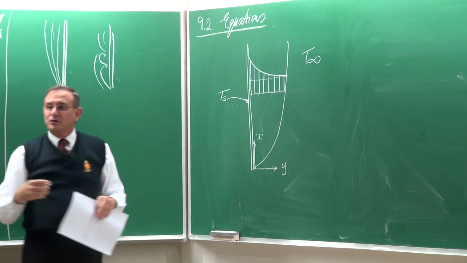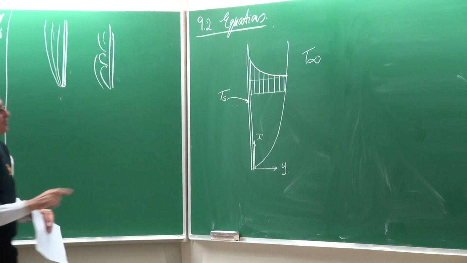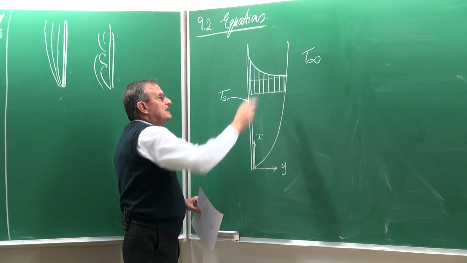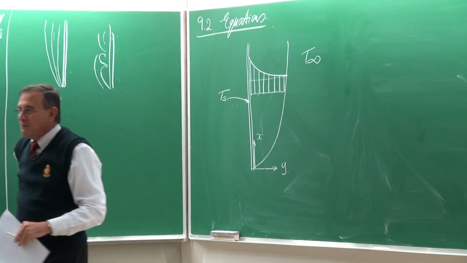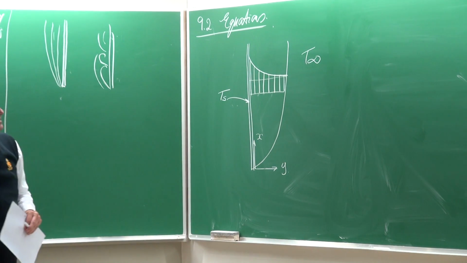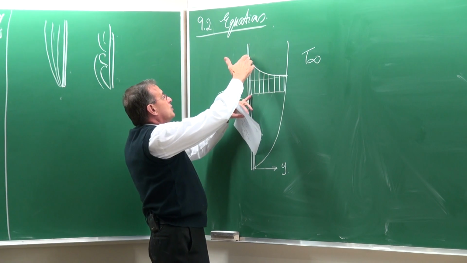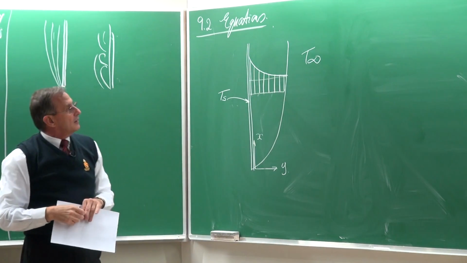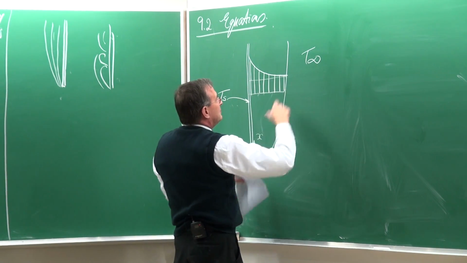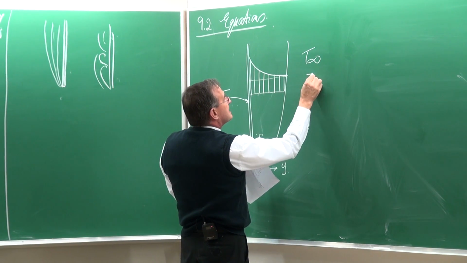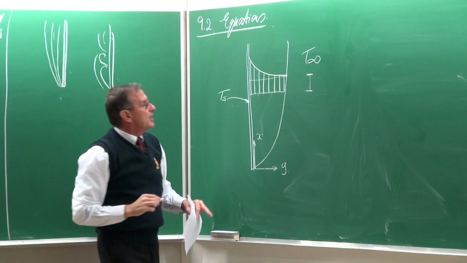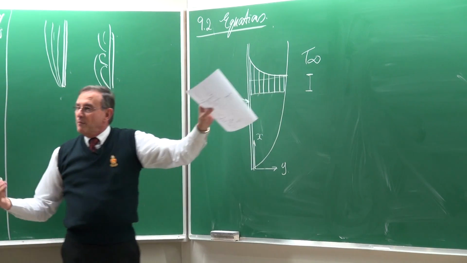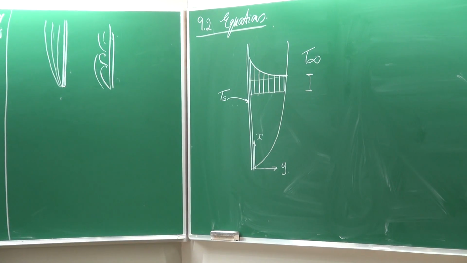Remember, temperature is not a vector. I'm just using that distance to indicate the value of the temperature. So the temperature at the wall would be at its highest, and then it would become less and less until this temperature is the same as the temperature of the environment. That would be the end of the boundary layer thickness, the thermal boundary layer thickness.